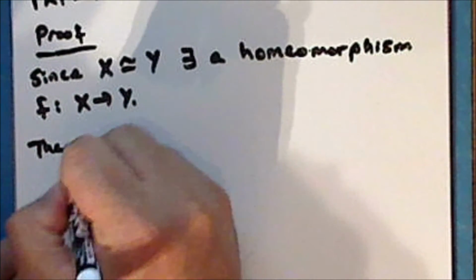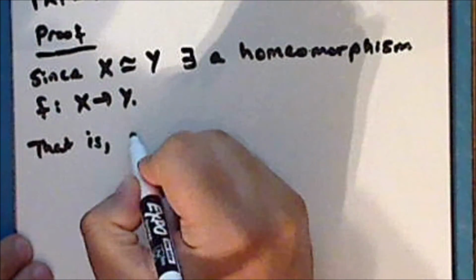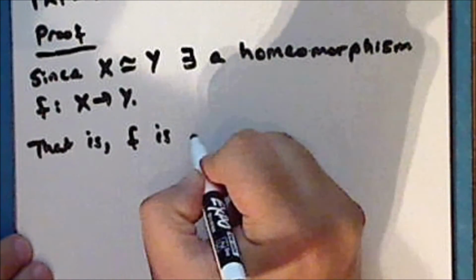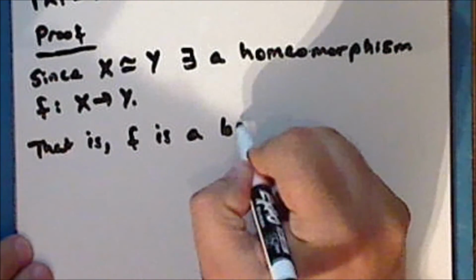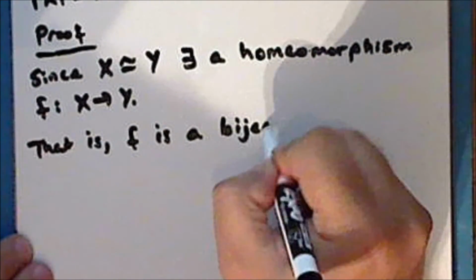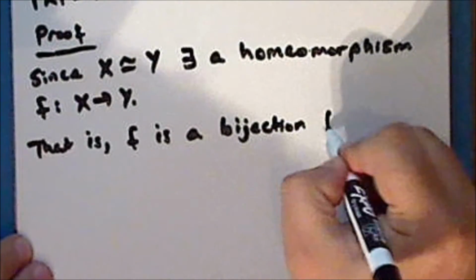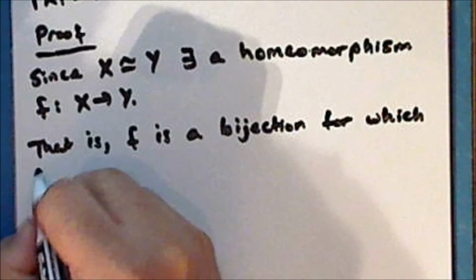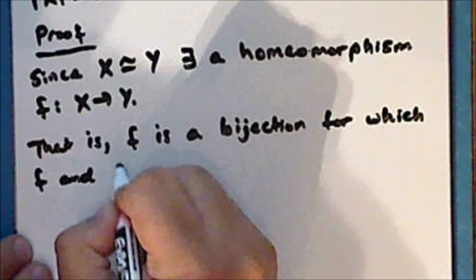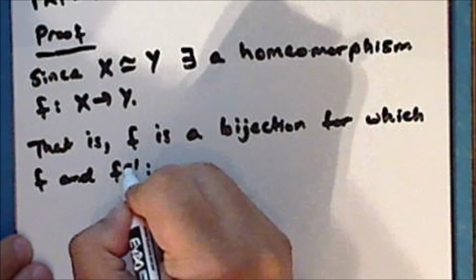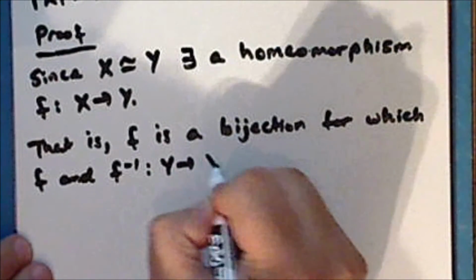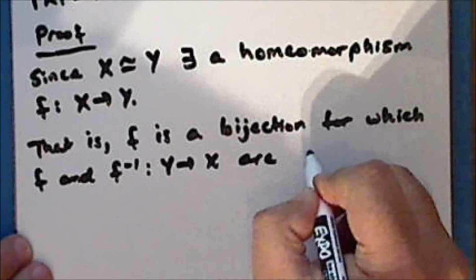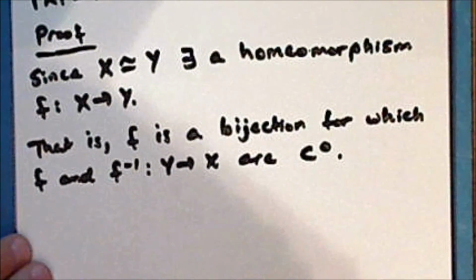That is, the function F is a bijection for which the function F and its inverse are both continuous.